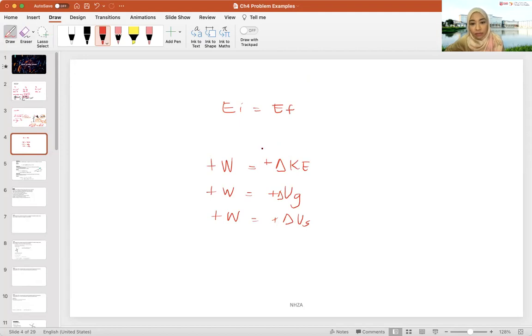Let's say the gain in KE is from UG decreasing. So let's say this positive UG is gained by a KE that decreases. So it has to come from somewhere. But you're right, positive work means that this type of energy is gaining more.